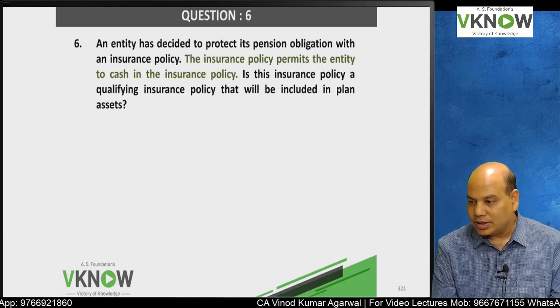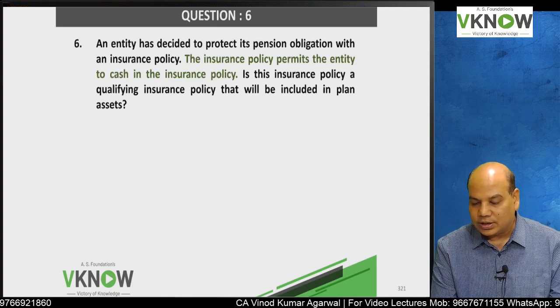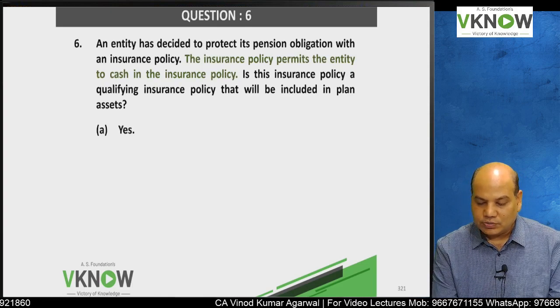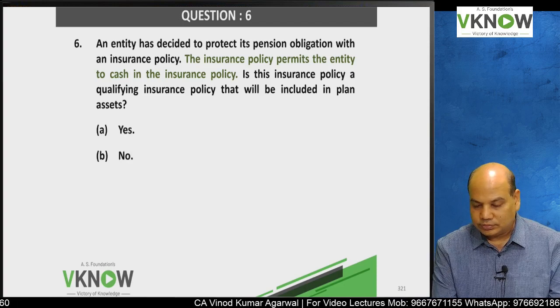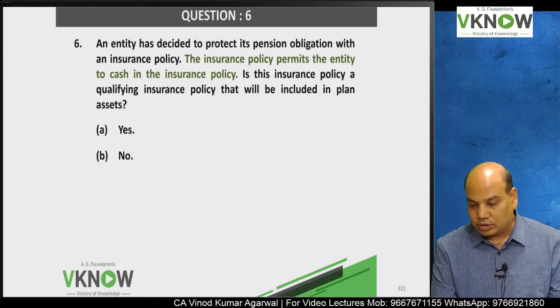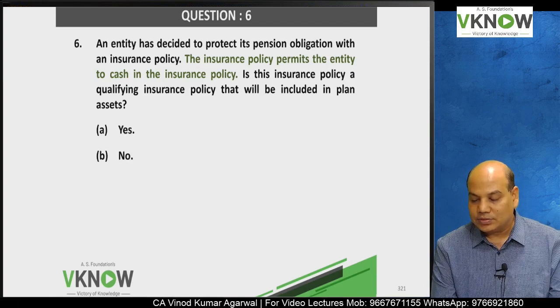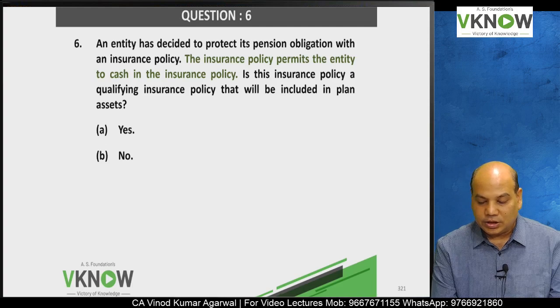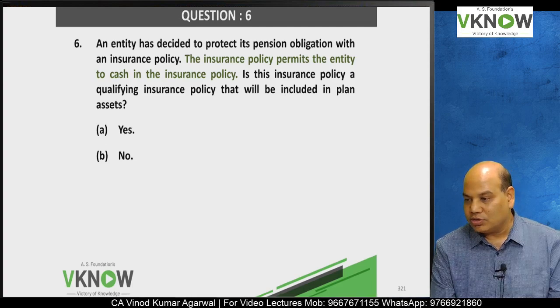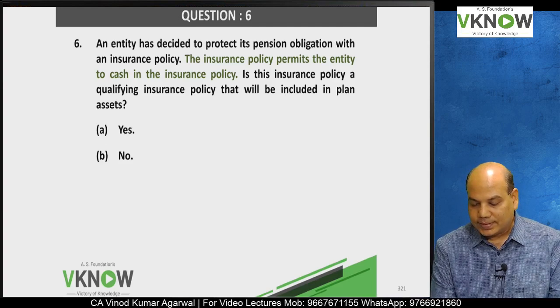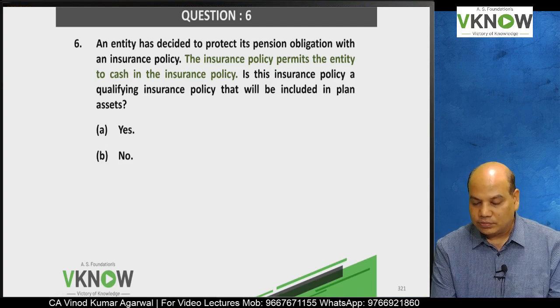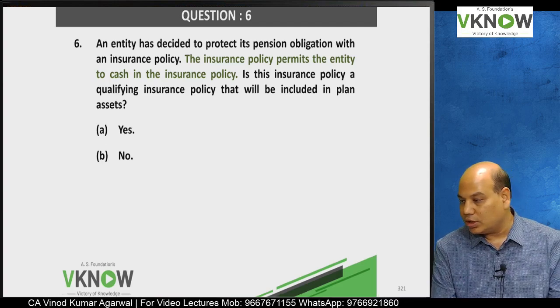Question number 6. An entity has decided to protect its pension obligation with an insurance policy. The insurance policy permits the entity to cash in the insurance policy. Is this insurance policy a qualifying insurance policy that will be included in the plan asset?